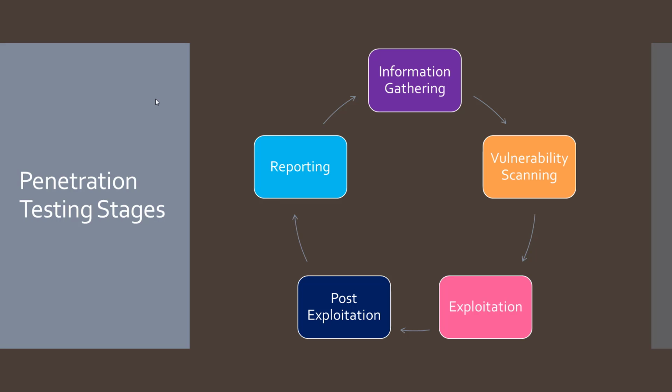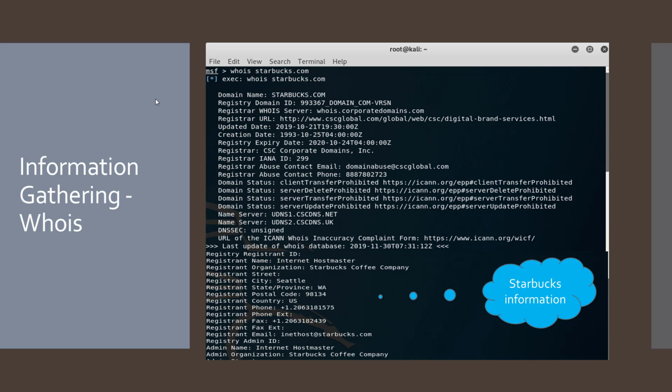Penetration testing stages. Penetration testing starts with information gathering, then vulnerability scanning, exploitation, post-exploitation, and reporting. Information gathering demonstration. In this demonstration, I use Whois to start gathering information from starbucks.com.